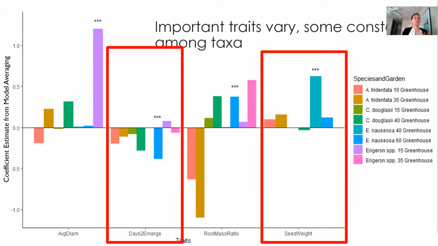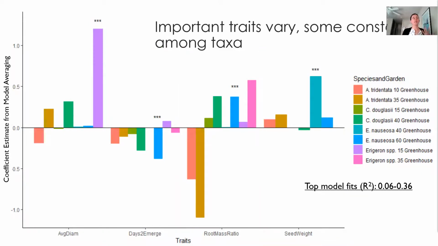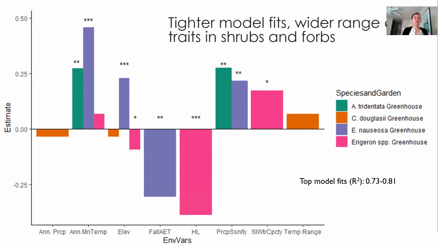The variance around these numbers is fairly large, and the model fits really reflect this. They're fairly low, although you could argue that that's high for such a messy system that we're considering. So finally, let's consider the environmental variables. Now we're looking at the top environmental variables associated with survival, so what was the climate like at the places where they were collected from?